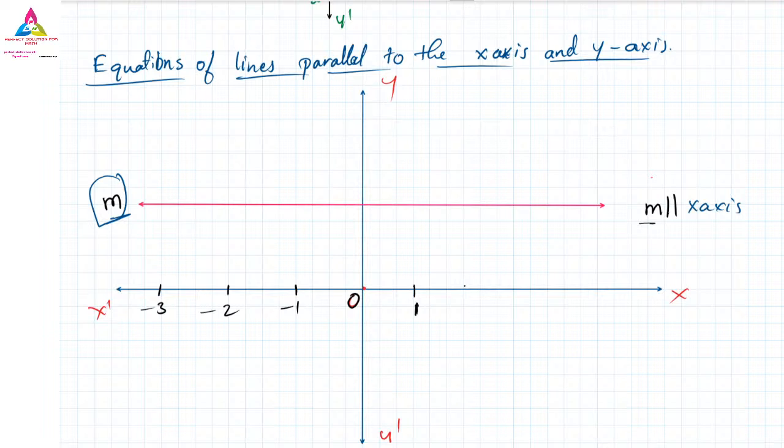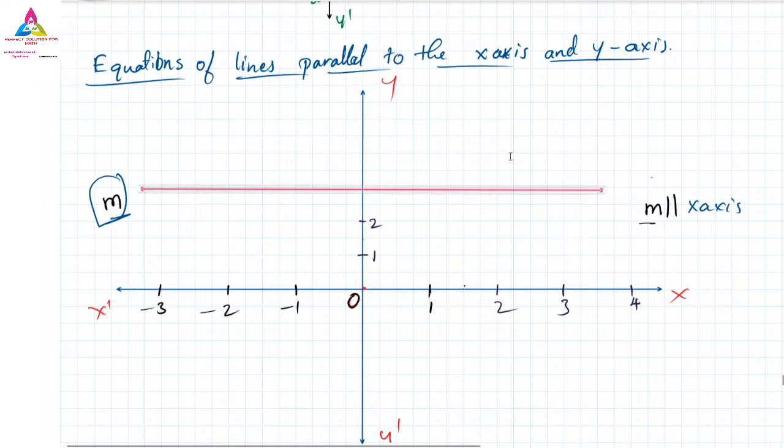This will be positive 1, this positive 2, positive 3, and positive 4. And on the y-axis also, this is 1, this is 2, and I will take this y line a little bit up so that it will be easier. This one I will take as 3, this one as 4, and this one as 5.